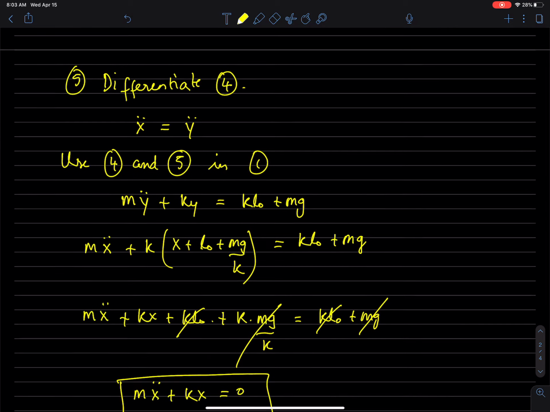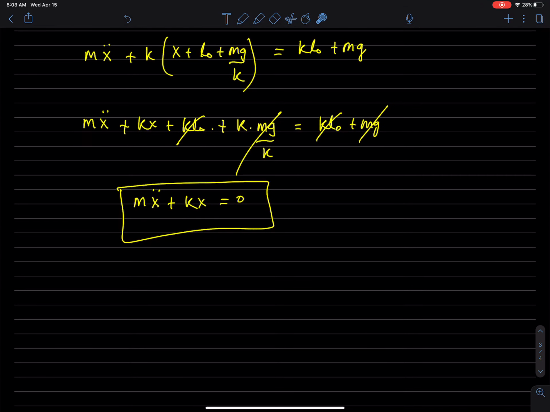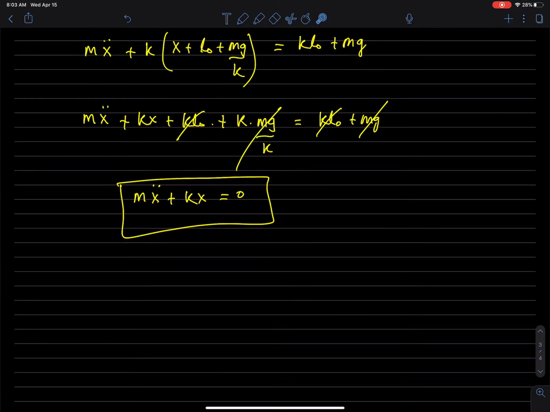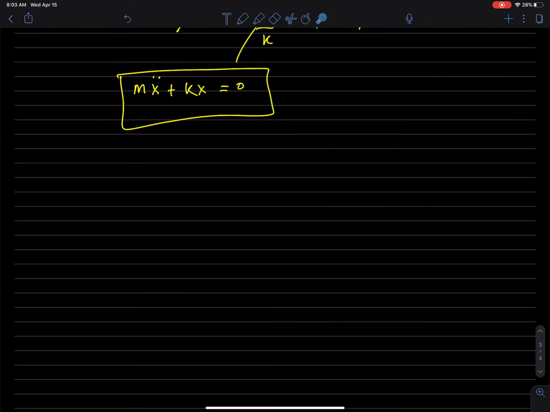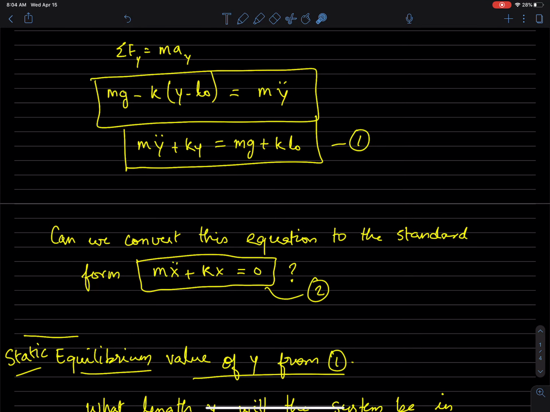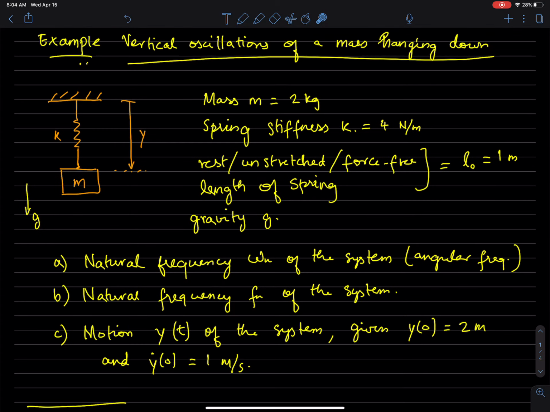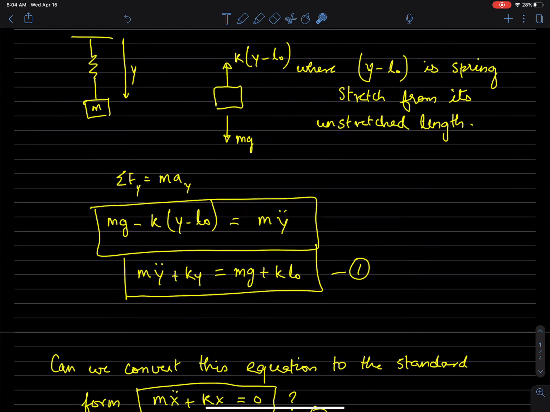Okay, here's the big result, which is that if you measure x from the static equilibrium position of y, then x satisfies this equation. Okay, x satisfies this equation. So what does that mean? We can now use all the tricks that we learned for x, but now apply it for y.